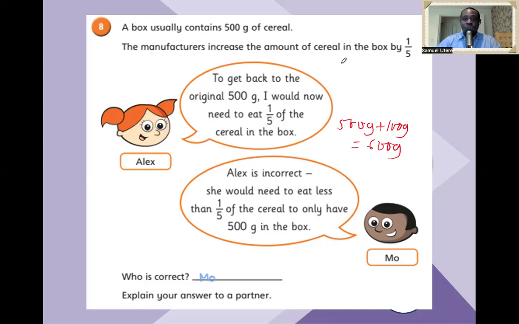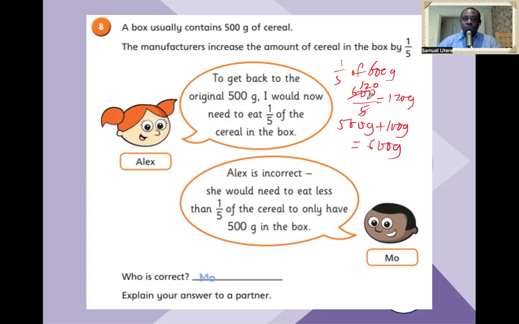But that is not right, because 1/5 of 600 gram will be 600 divided by 5. Now, 5 into 60 is 12, with the 0 there, so it's 120 gram.